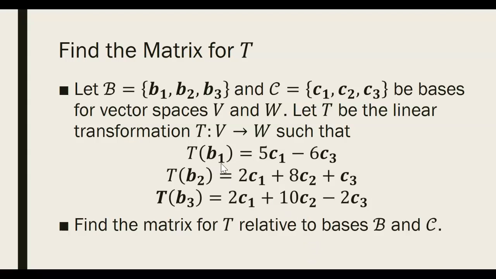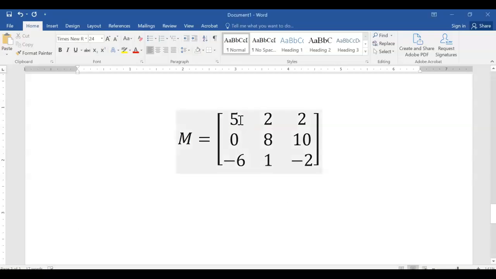So in column 1, we're going to get 5, 0, negative 6. In column 2, we're going to get 2, 8, 1. And in column 3, I'm going to get 2, 10, negative 2. So I'm going to end up with this matrix 5, 0, negative 6.